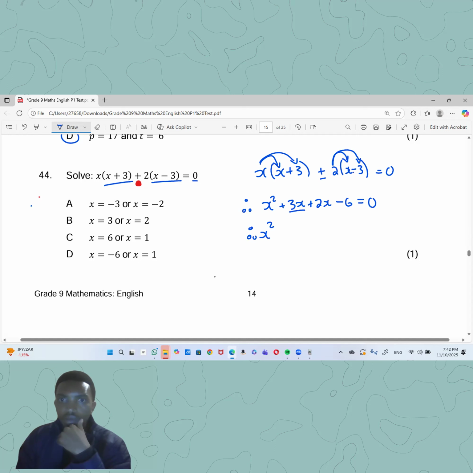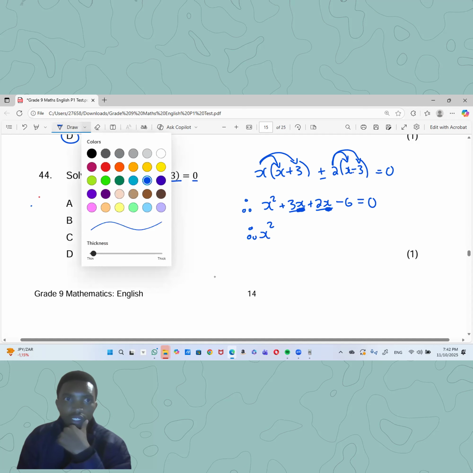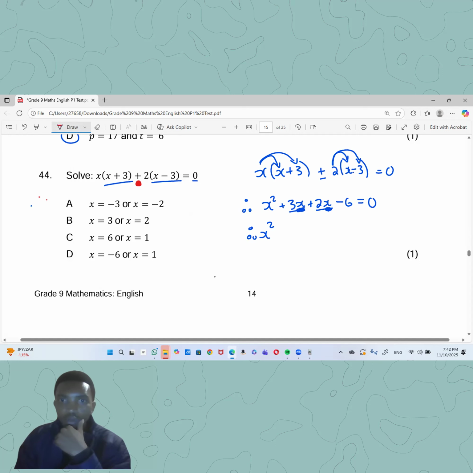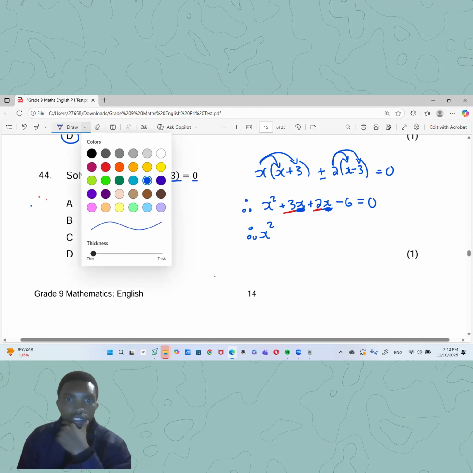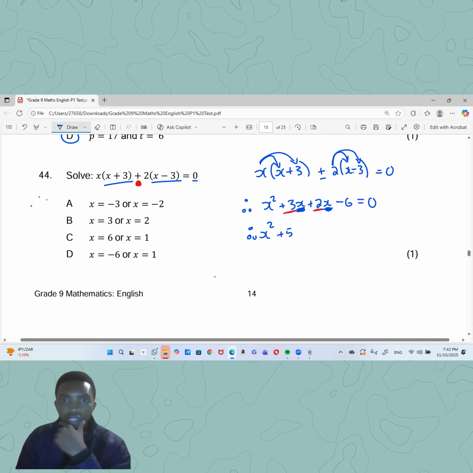Yes, those are like terms. We have x there, so we're going to add the coefficients. Our coefficients are 3 and 2. So 3 plus 2 is plus 5. Then we have x minus 6 is equal to 0.